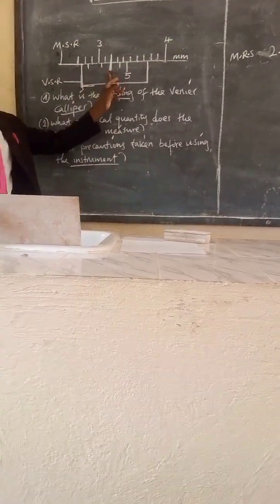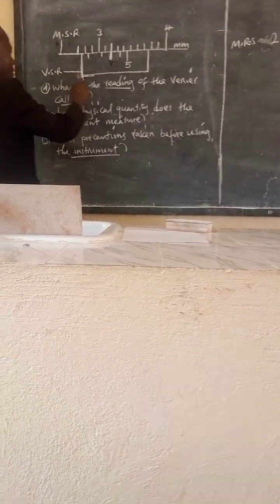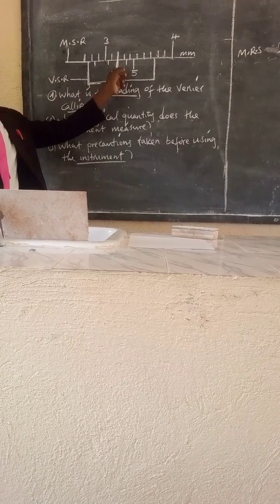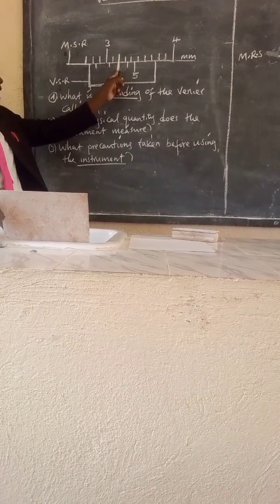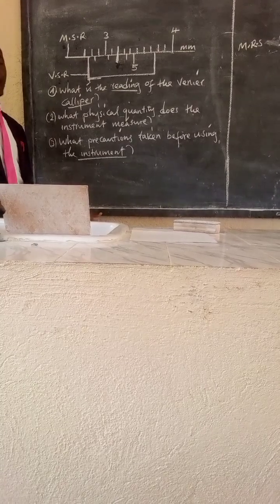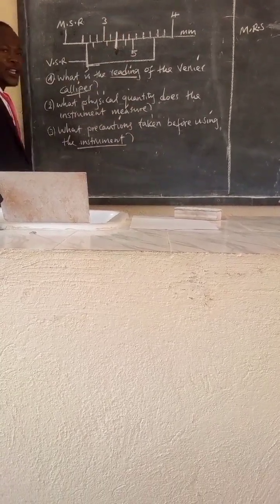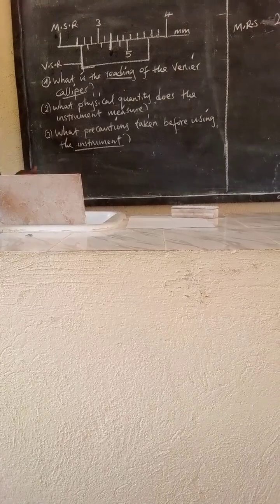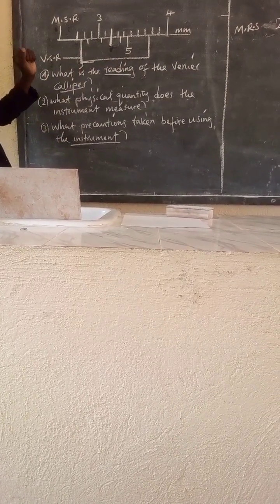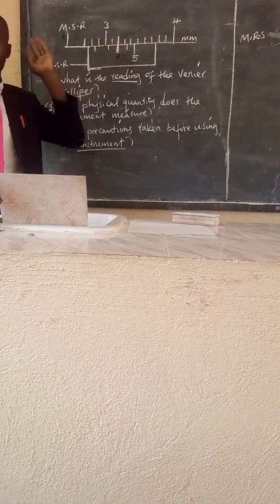Then we come to the reading on the vernier scale. The vernier scale is the one which is down here. We get the reading of the vernier scale where the main scale and the vernier scale are connected. So both readings are connected here. Now, if we look clearly, since we have 5 here, from 1, 2, 3, 4 up to 5, we have 5 units.